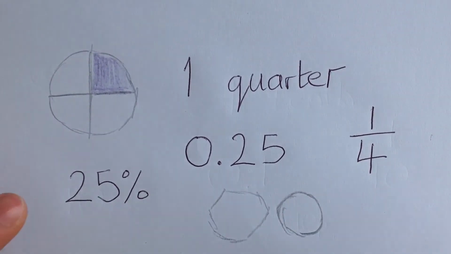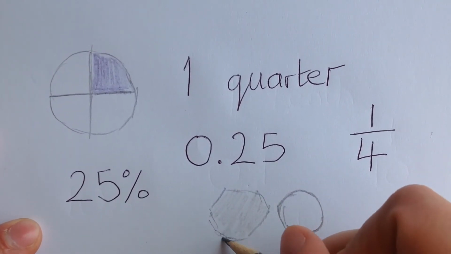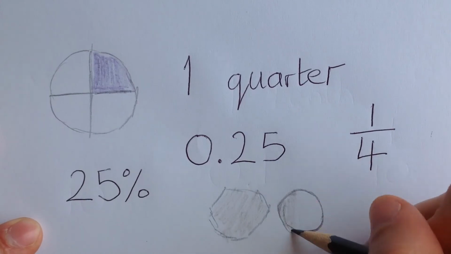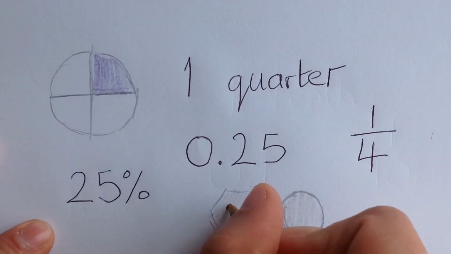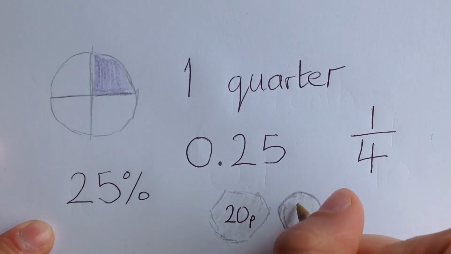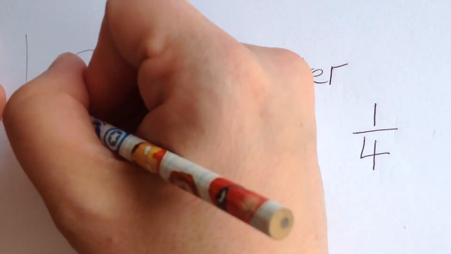So that's exactly what I'm going to do. A 20p and a 5p, and there's my 25 pence. I thought I'd do that one for you because I said it is a little bit trickier.